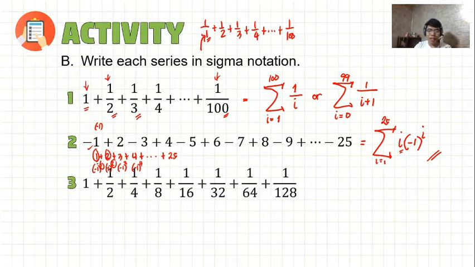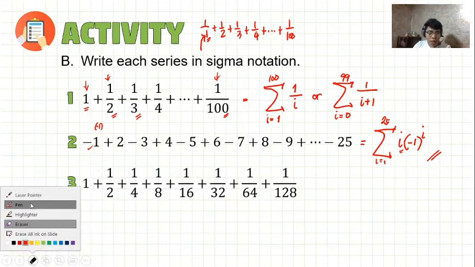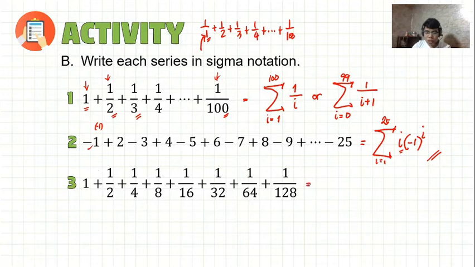Now for number 3. I will just erase this stuff here. So what will be my sigma notation for this one? Observe that the numerator is constant, so I will have 1 there.